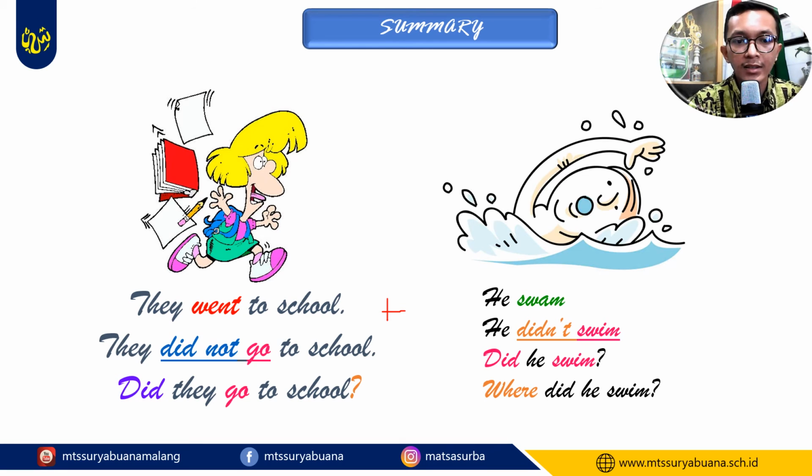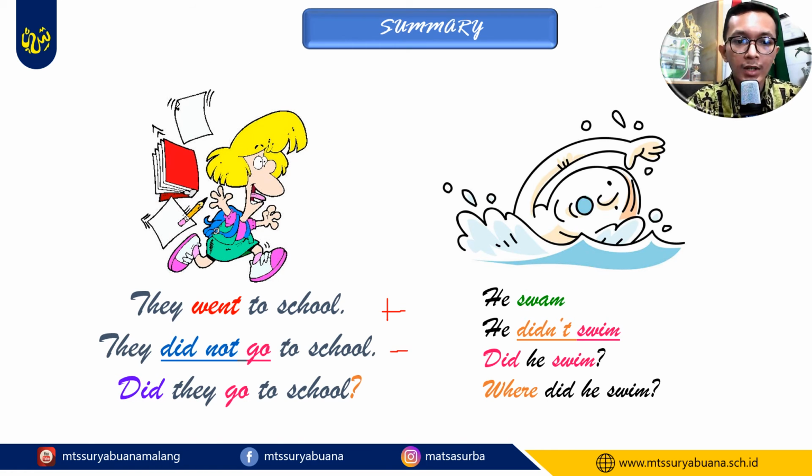And the second sentence, if you want to change this sentence into negative: they did not go to school. Students, in this sentence we do not use went anymore because the word did is already used in the middle of the sentence. They did not go to school. This is a negative sentence.